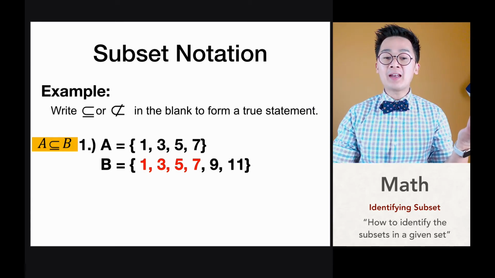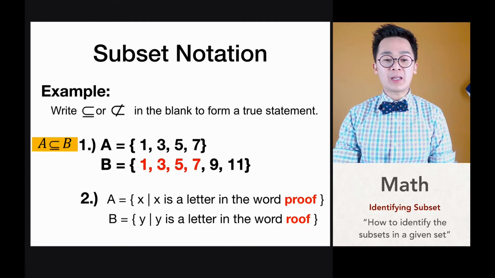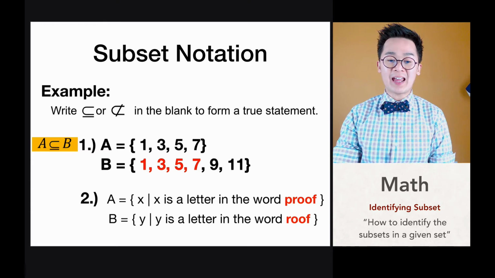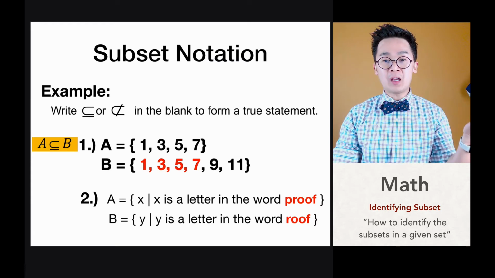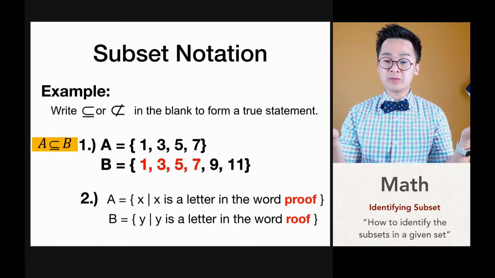Now for the second example, let's say we have set A, which is X, such that X is a letter in the word proof. In this word, we have P-R-O-O-F. And for set B, which is Y, such that Y is a letter in the word roof, we only have R-O-O-F.